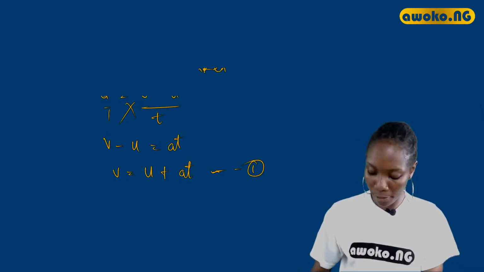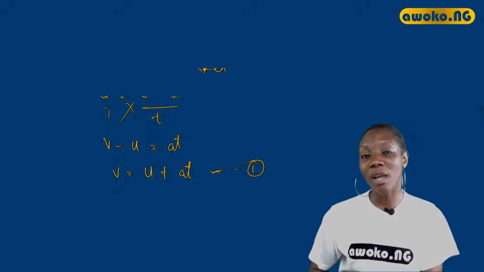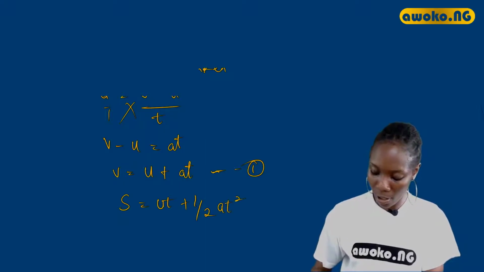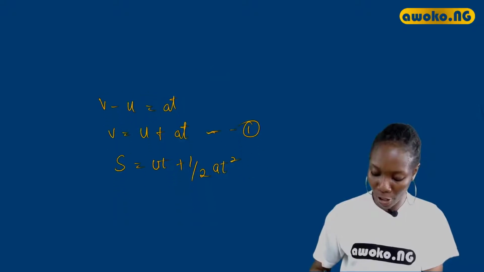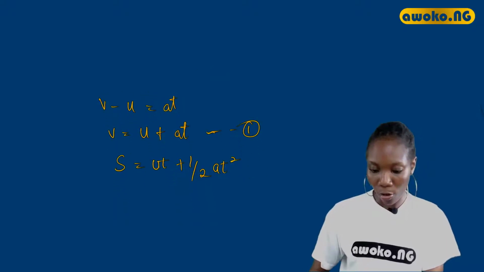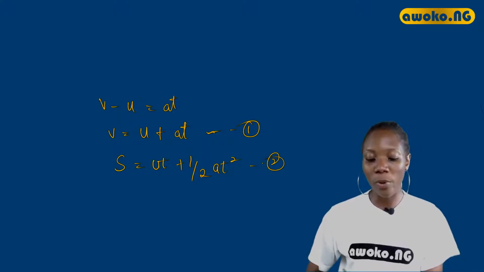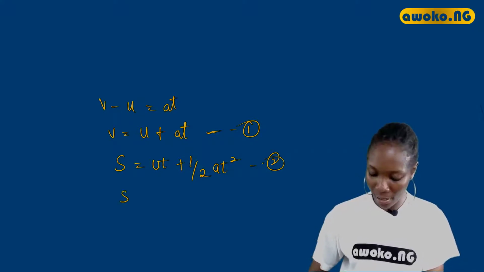So this is 1. The next one is the total distance that a body travels, and it is given as s equals ut plus 1 over 2 at squared. I'm sure it doesn't look strange to you. So let's say this is 2. The next one we have is s equals (u plus v over 2), all in brackets, t.